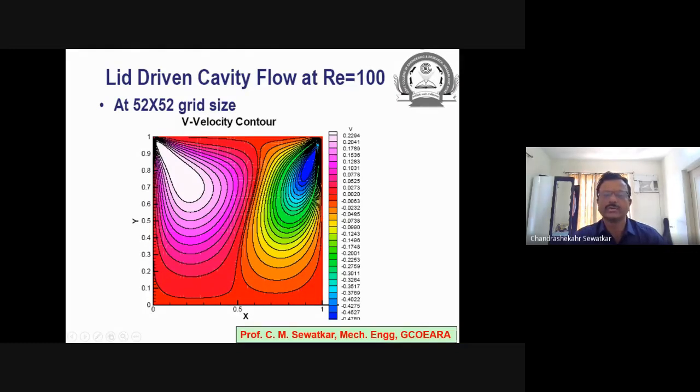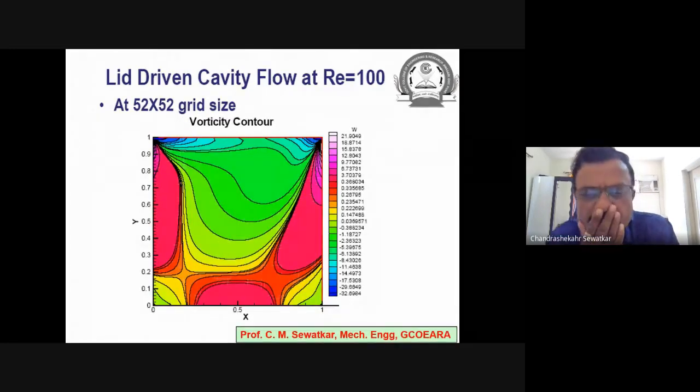When the fluid is rotating like this, v velocity is positive here and negative here. For such a simple flow problem, we know the flow physics, we know how the fluid will rotate, and hence you can appreciate that the results obtained by the finite volume methodology are giving us the correct results.